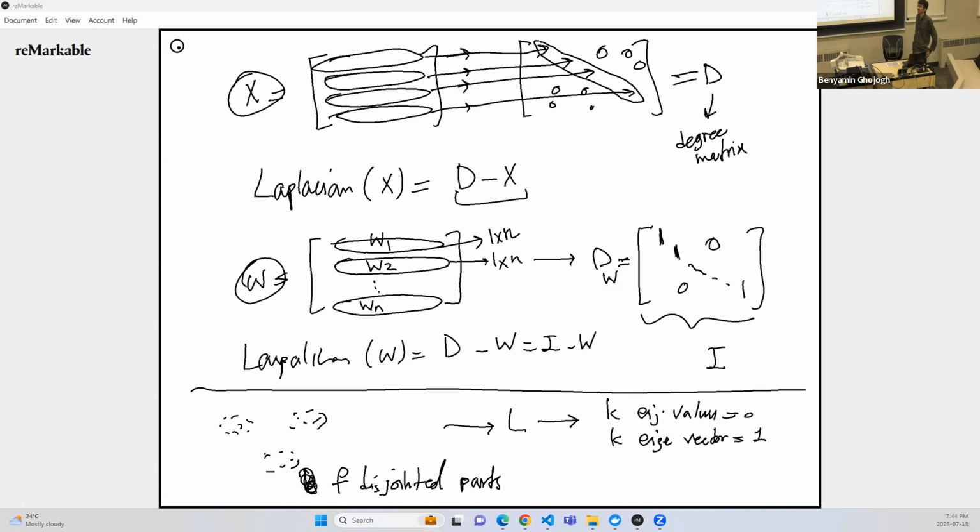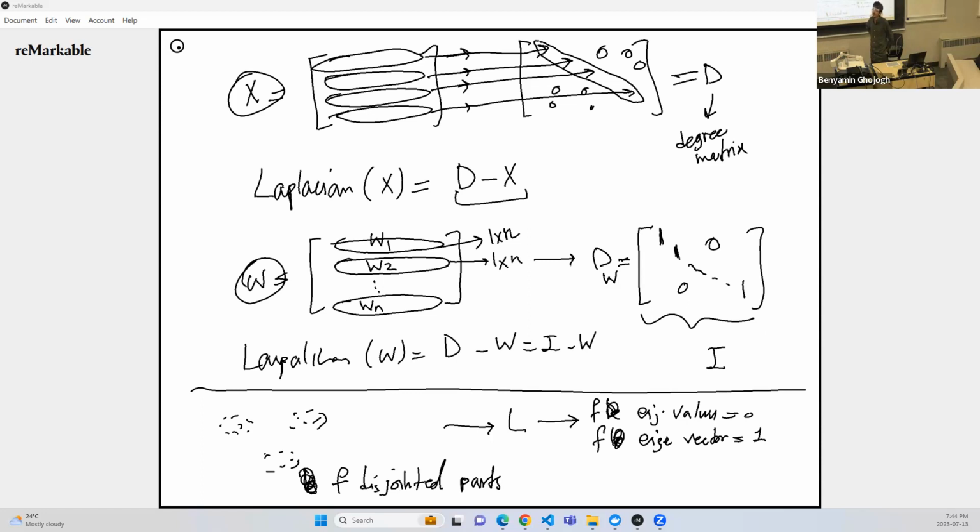Can you believe that? This is a lemma in graph theory. So when you have F disjointed parts and you apply the eigenvalue problem on the Laplacian, F eigenvalues become 0, and F eigenvectors become vector 1.